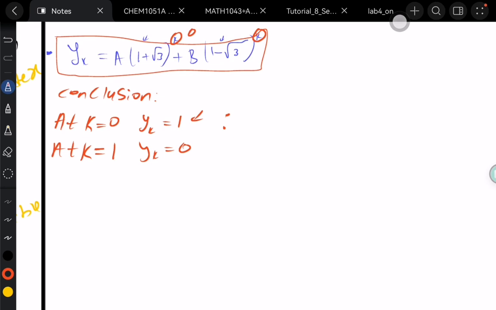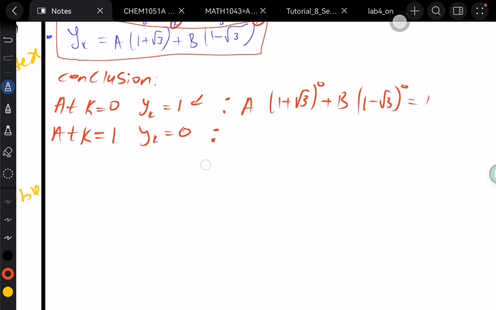If my value of k is 0, I'll substitute 0, meaning that I will have something like a times (1 plus the root of 3) to the power 0 plus b times (1 minus the root of 3) to the power 0 equals 1.